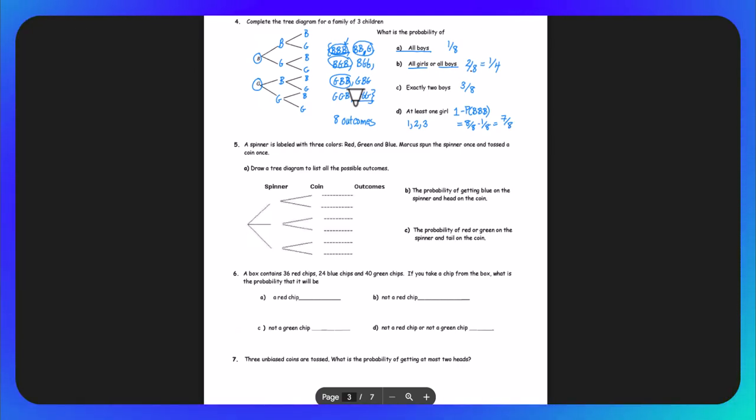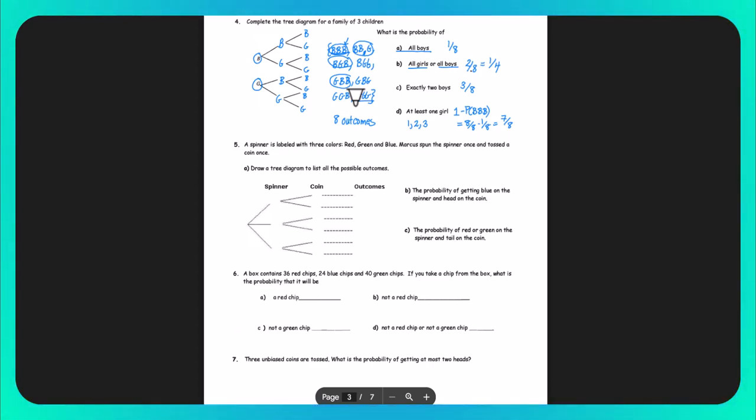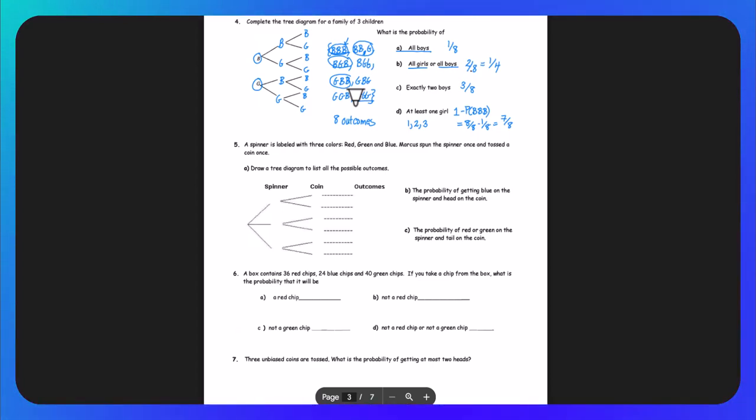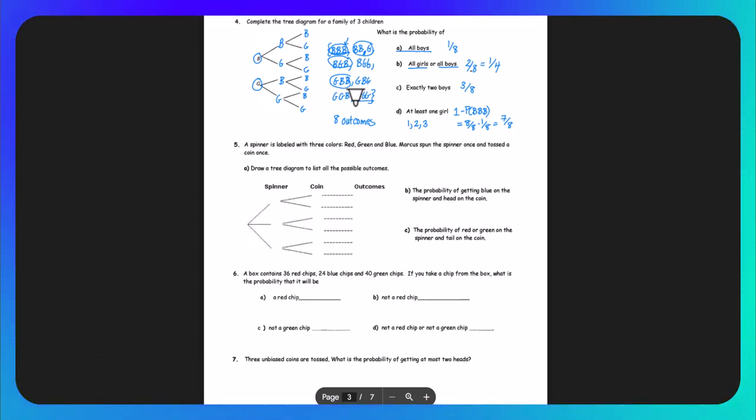So number 5. A spinner is labeled with 3 colors, red, green, and blue. Marcus spun the spinner once and then tossed a coin once. It's asking us to draw a tree diagram and list all the possible outcomes. So the tree diagram, we're just going to use R for red, green, and blue.